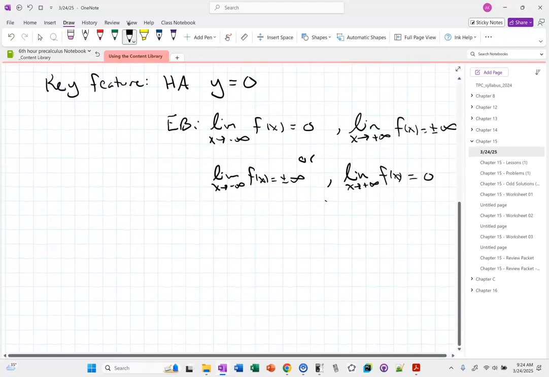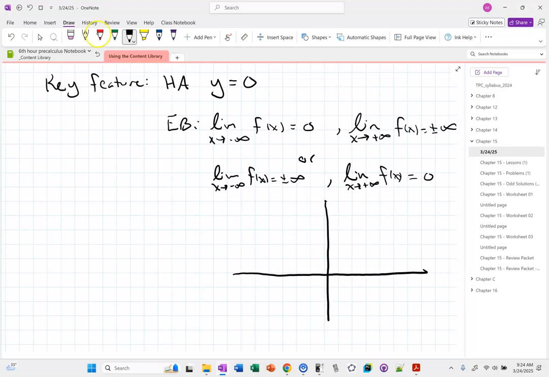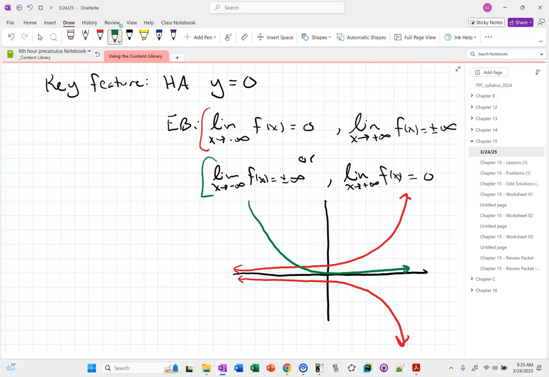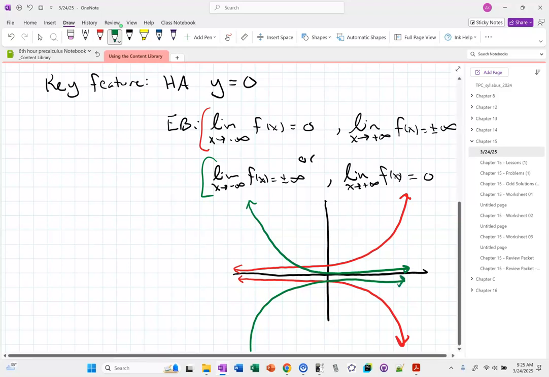So just to give you an idea of what we're looking at here picture-wise, if we're looking at these guys, you're looking at something that would look like this or that. And if we're talking about the green piece, you'd have something that looks like one of those two.